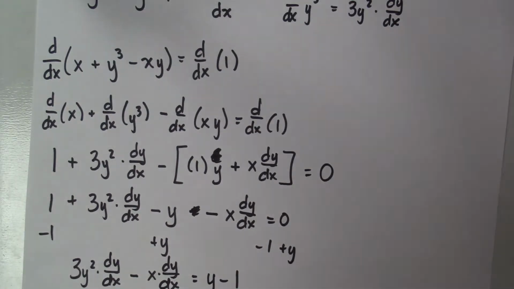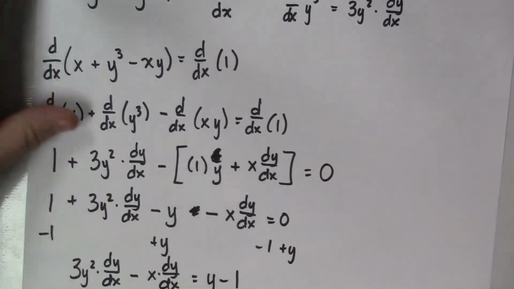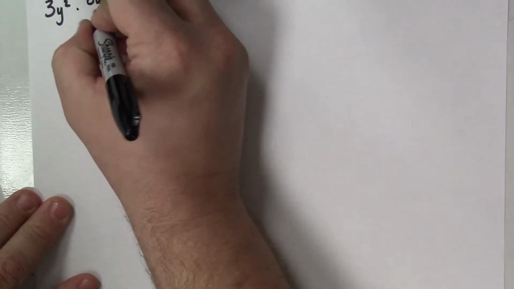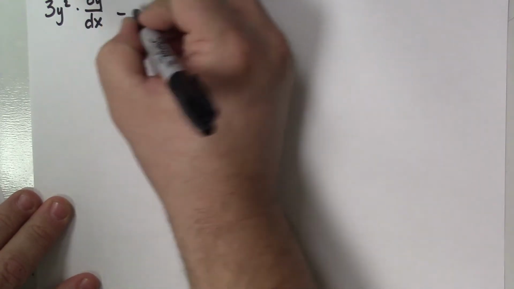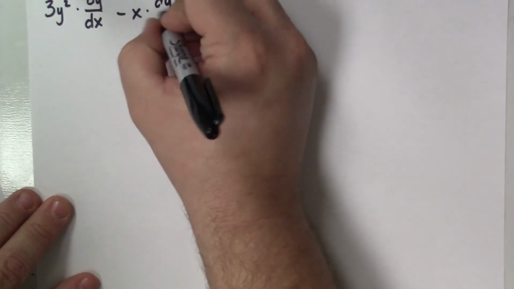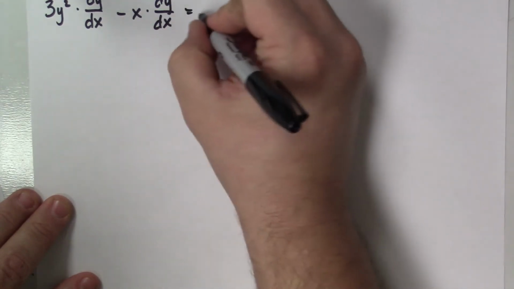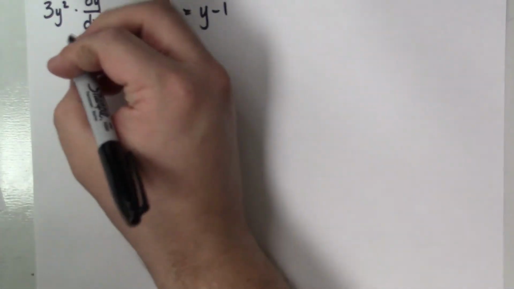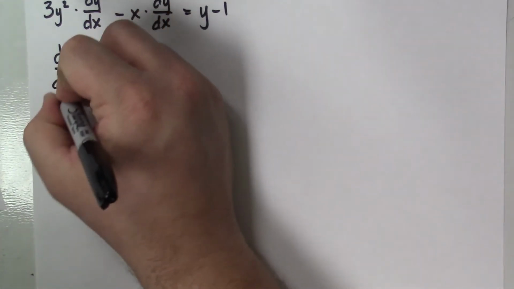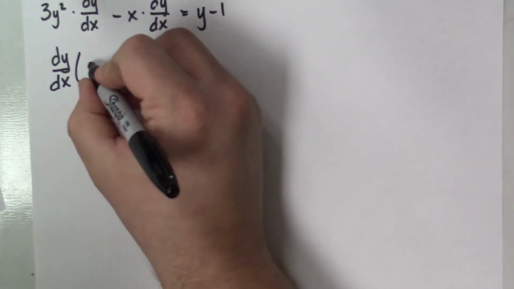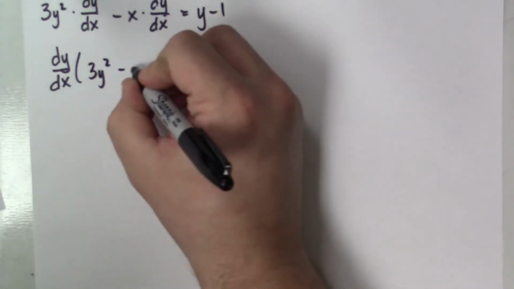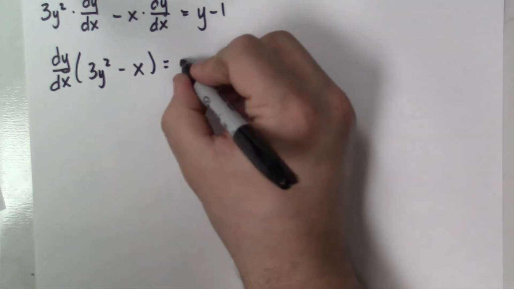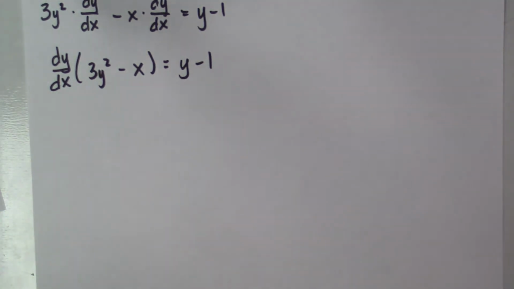I'm going to have to continue this on a second sheet of paper, so I'm just going to rewrite what I just said. 3y squared times dy/dx minus x times dy/dx equals y minus 1. Now I'm going to factor out dy/dx. So dy/dx times (3y squared minus x) equals y minus 1.